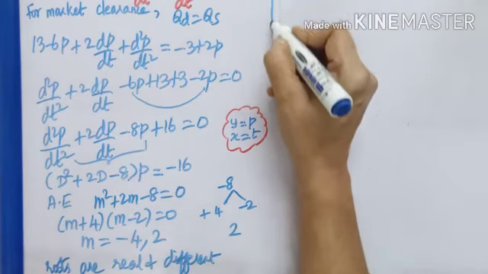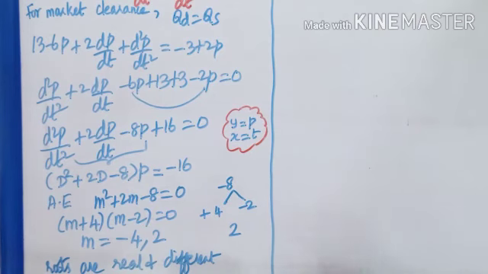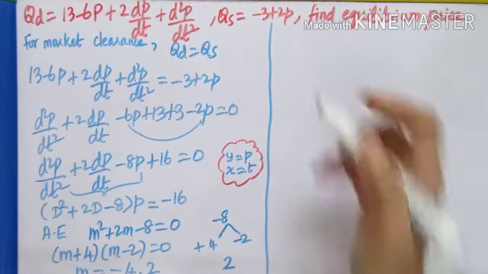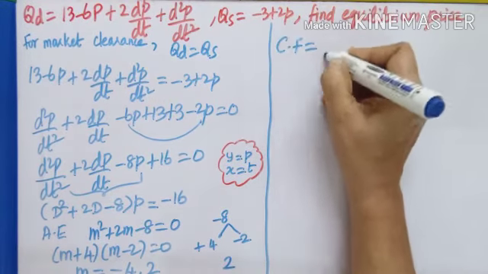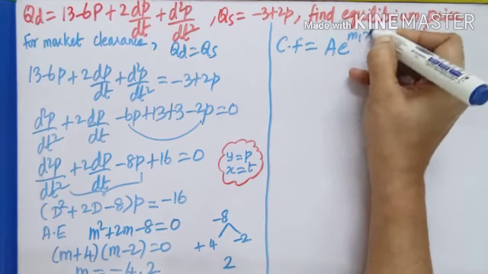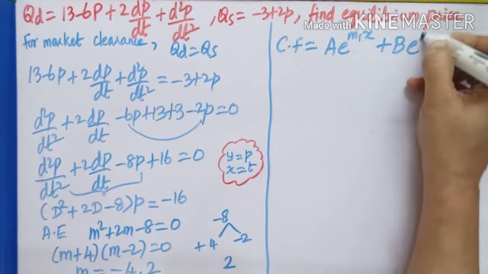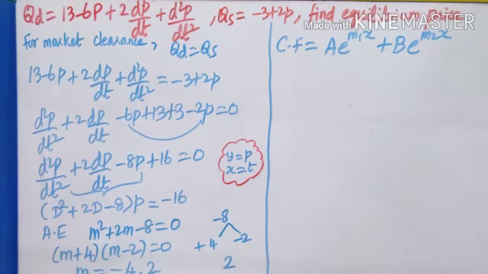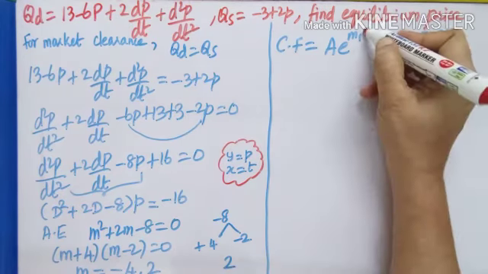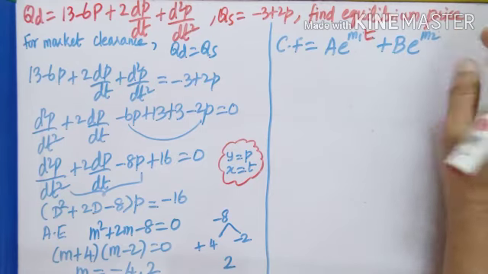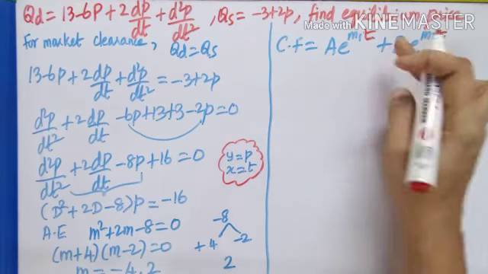So we write the complementary function. What is the formula for the complementary function? A e^(m1x) + B e^(m2x). Let us remember, instead of x, t will come. Wherever x is coming, now t will come.